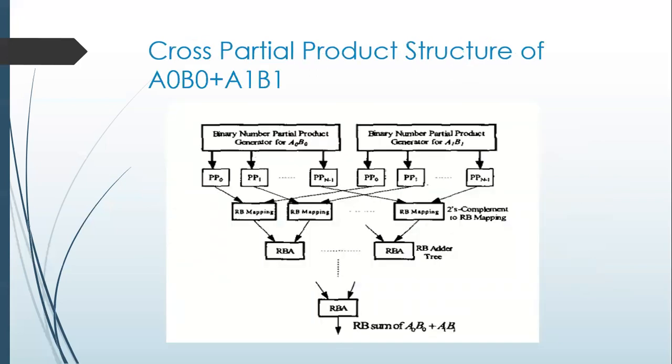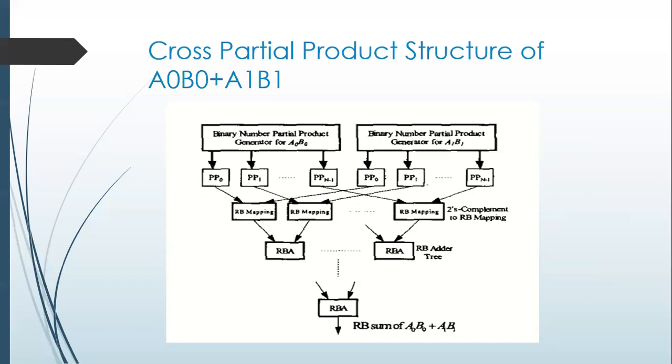So this is the cross partial product structure of A0B0 plus A1B1. You can see that the binary partial products generated for A0B0 and A1B1 are mentioned separately at the head of this flow chart, and the two's complement is converted to RB.